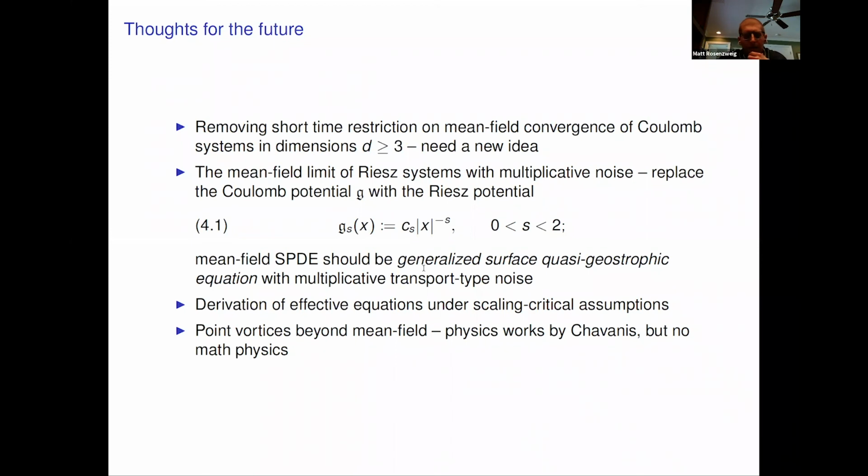And then the last thing that I think I'm perhaps most interested in is going beyond the mean field regime. You can think of results in the mean field as being like law of large numbers type results, telling you about the typical behavior in the limit. But okay, you could think again, well, beyond the law of large numbers, I know from probability that there's also a central limit theorem telling me about the fluctuations.